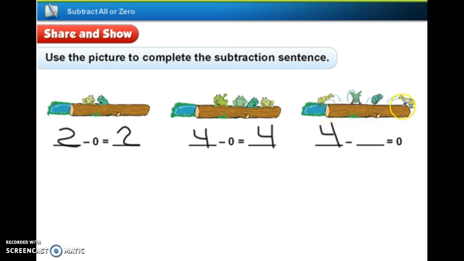How many frogs jump off the log? Let's count. 1, 2, 3, 4. So 4 frogs were on the log minus 4 frogs that jumped off the log. How many frogs are sitting on the log? That's right, 0. Excellent job.